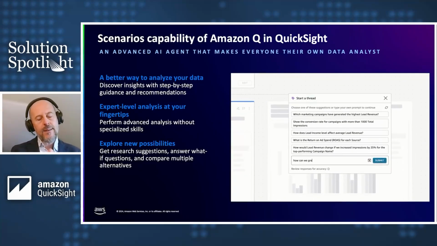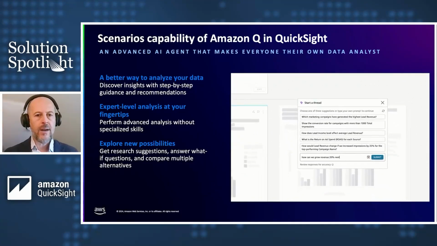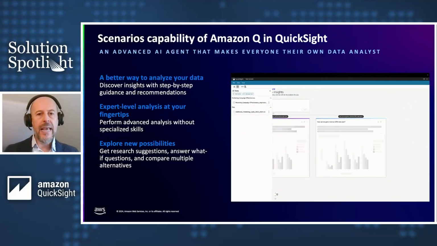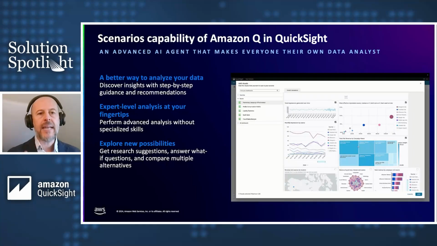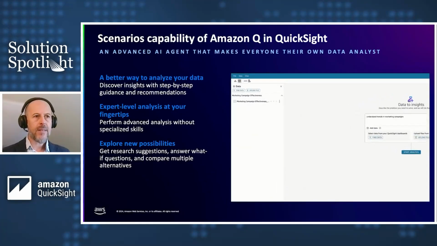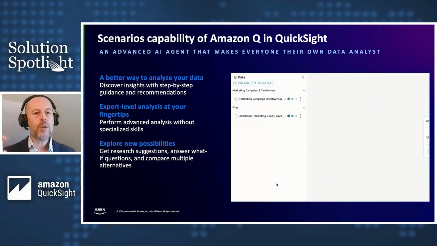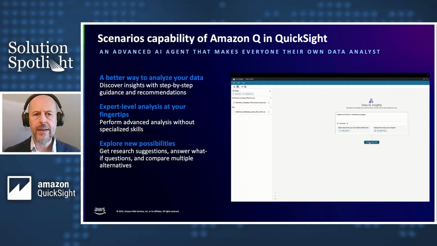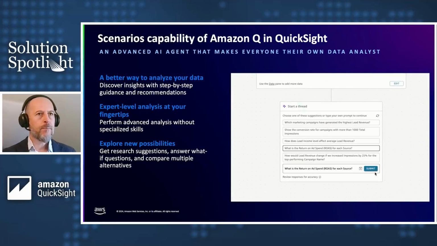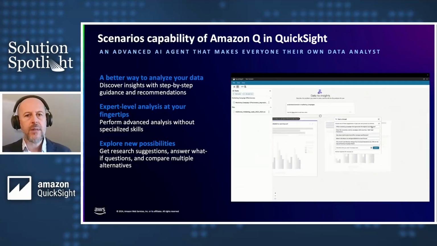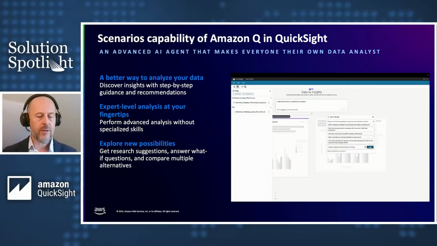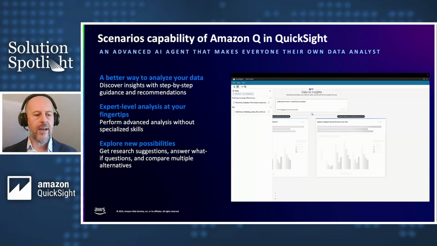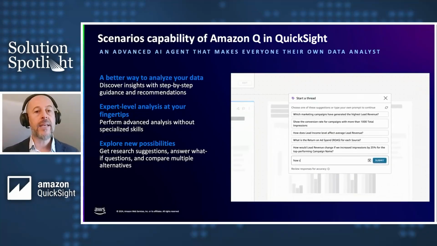Through a step-by-step process of guidance and scenarios, it's going to help the business persona be closer to what would be a data analyst. Because I could ask something like a more complex what-if: what would happen if I increase the price for this specific product by 10%? How will that impact the entire chain of production, for example, how will that impact my end sales? So that's where scenarios come into the picture.